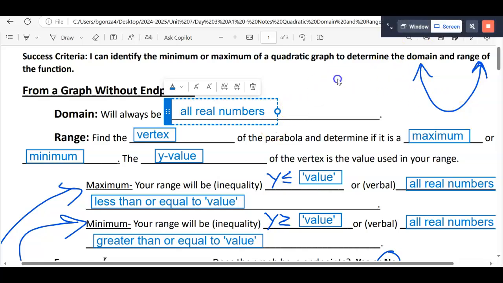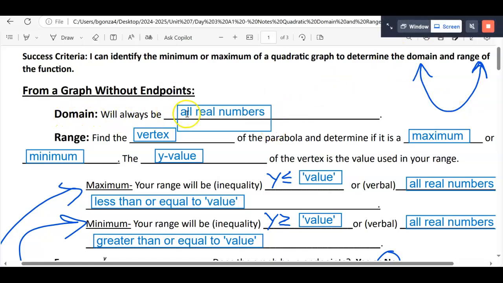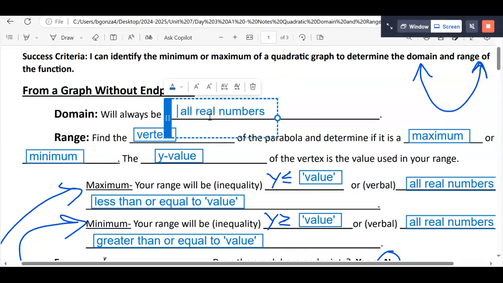It says, and you're filling it in, domain will always be, for a quadratic, it goes forever to the left, forever to the right, that it's always going to be all real numbers, okay?